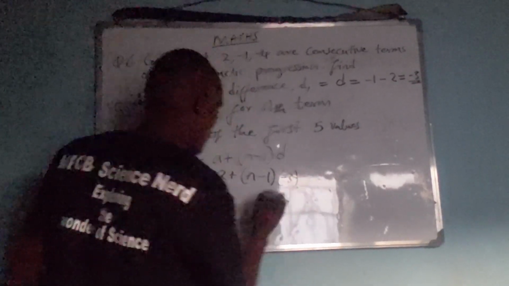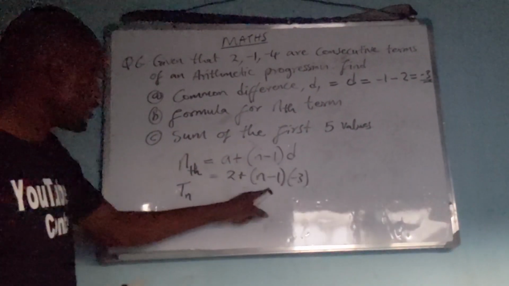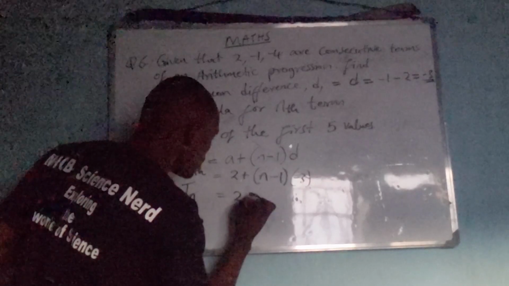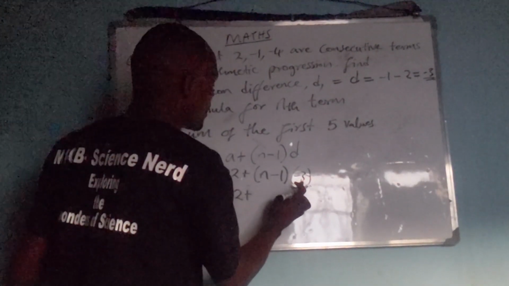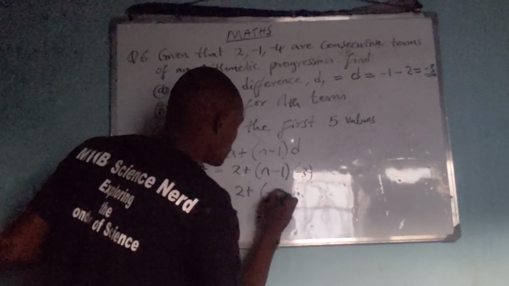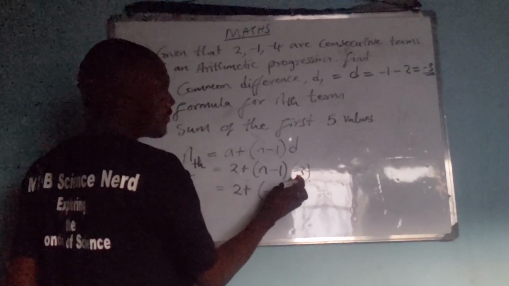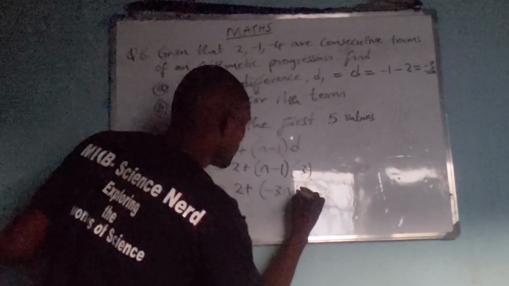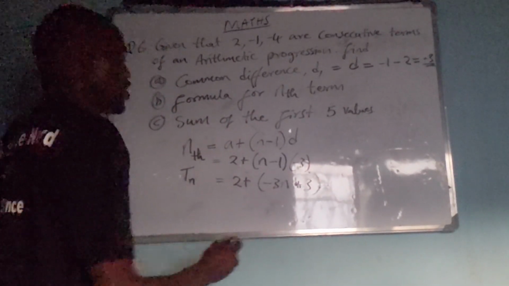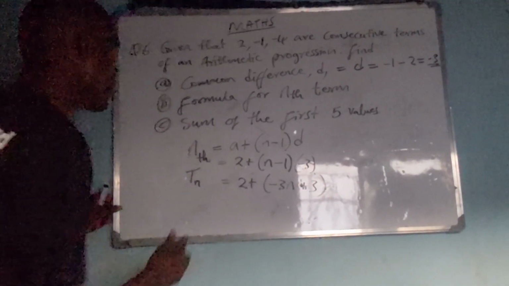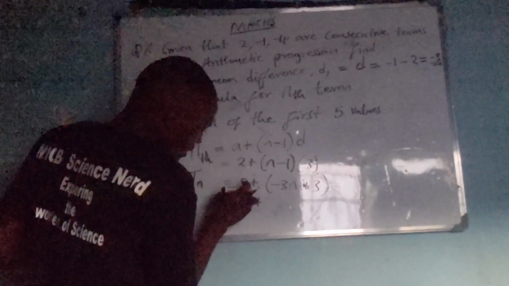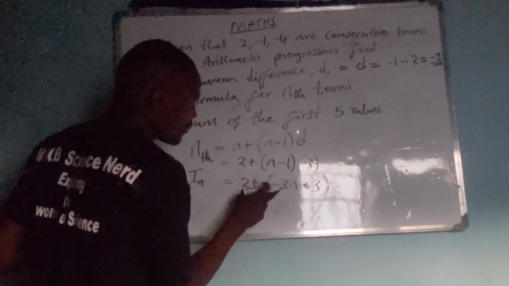So -3. From there, we are going to expand this part. Then we'll have 2 plus -3 multiplied by n, which is -3n. -3 multiplied by -1, which is +3 in brackets. We remove the brackets. We are going to have 2 plus, this positive multiplied by the negative is negative.